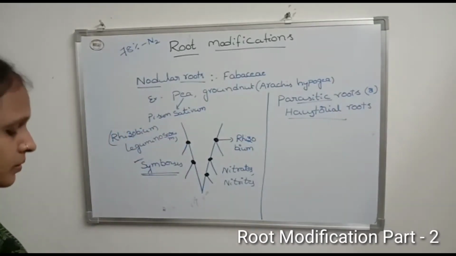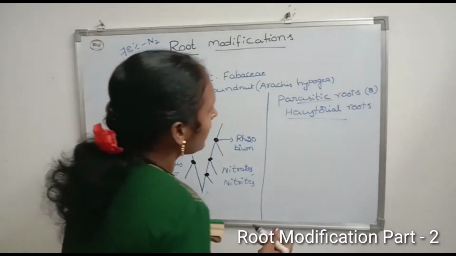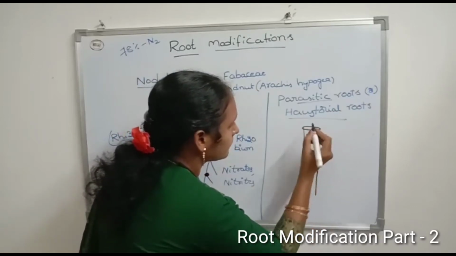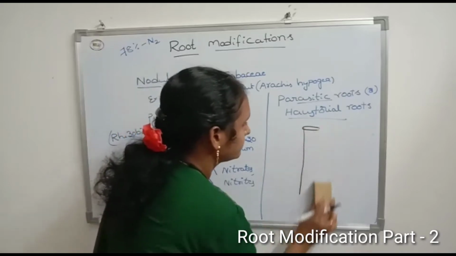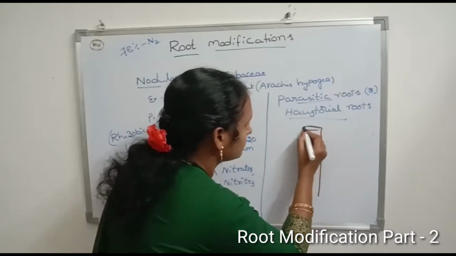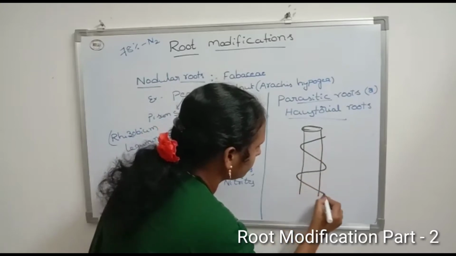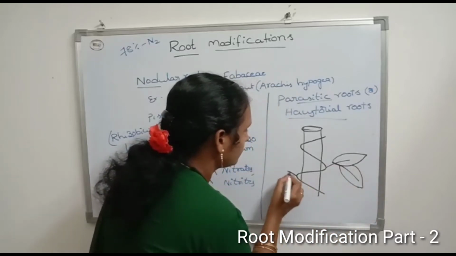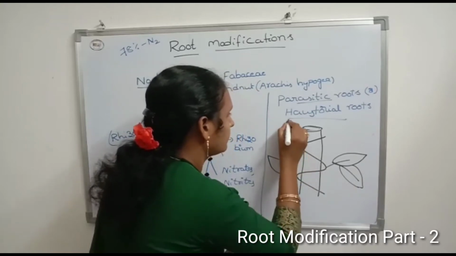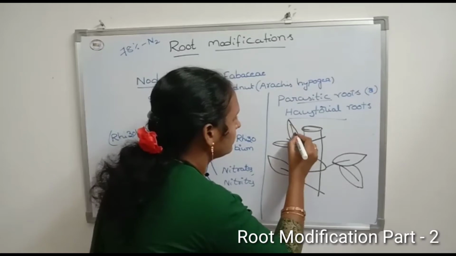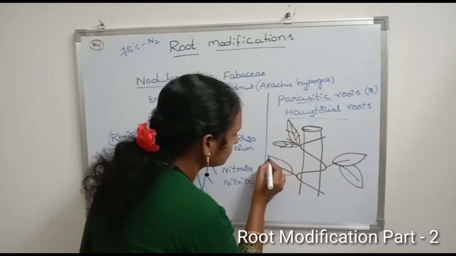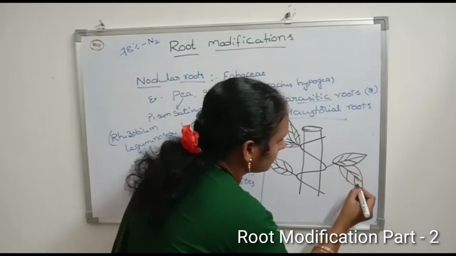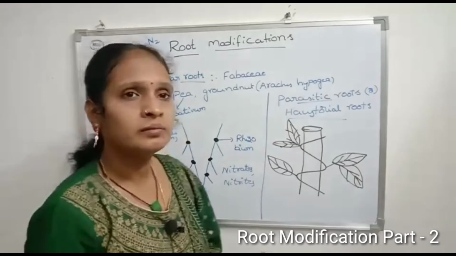Parasitic means they depend upon another plant for food or water.